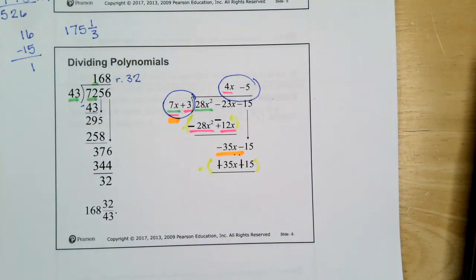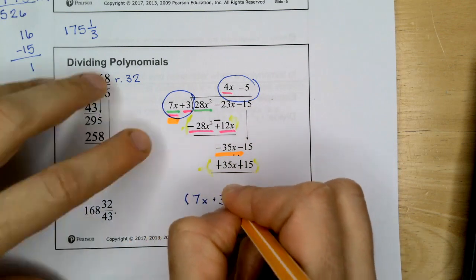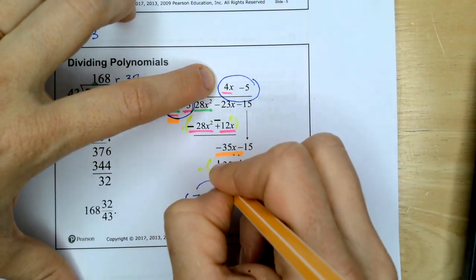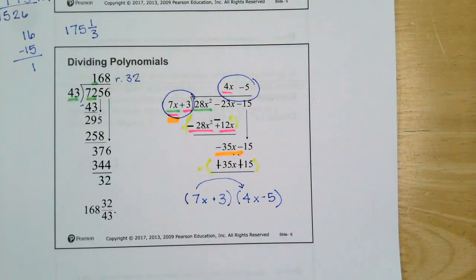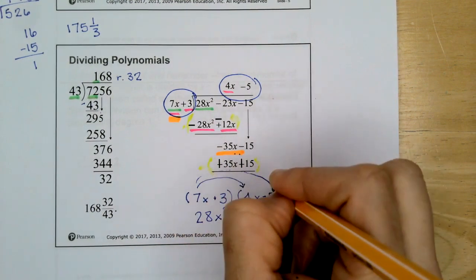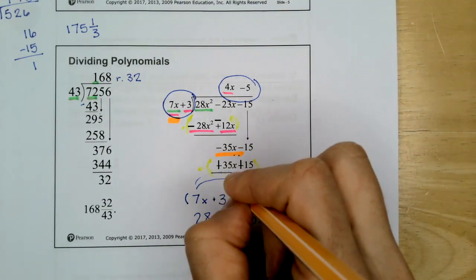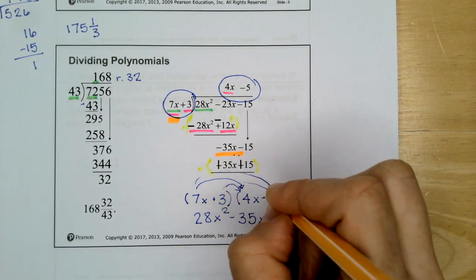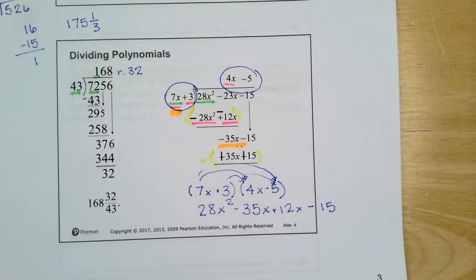no remainder. What is important to note is that if you take this part and this part and you multiply them together with FOIL, you'll end up with 28x squared minus 23x minus 15.